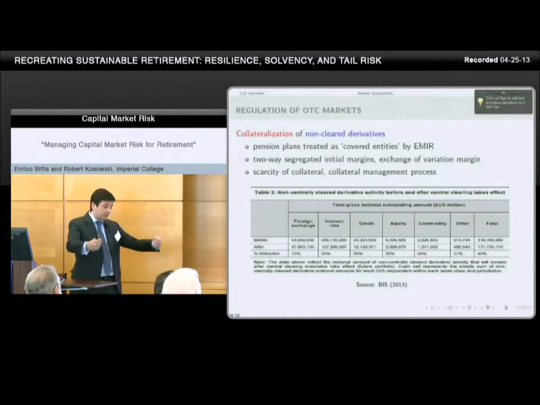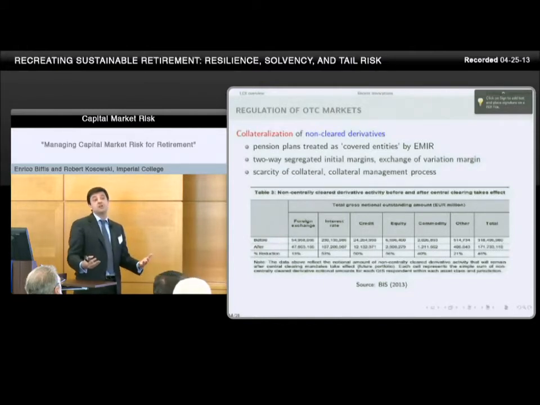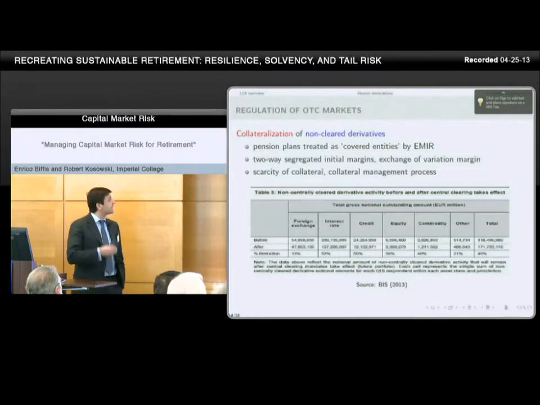So both will have to post an initial margin that's going to stay with a custodian, and then they're going to be forced to exchange variation margins that are not that flexible. It's going to be full collateralization, in the sense of 100% of mark-to-model or mark-to-market, okay? So in this scenario, scarcity of collateral and the collateral management process become a bit of an issue, right?